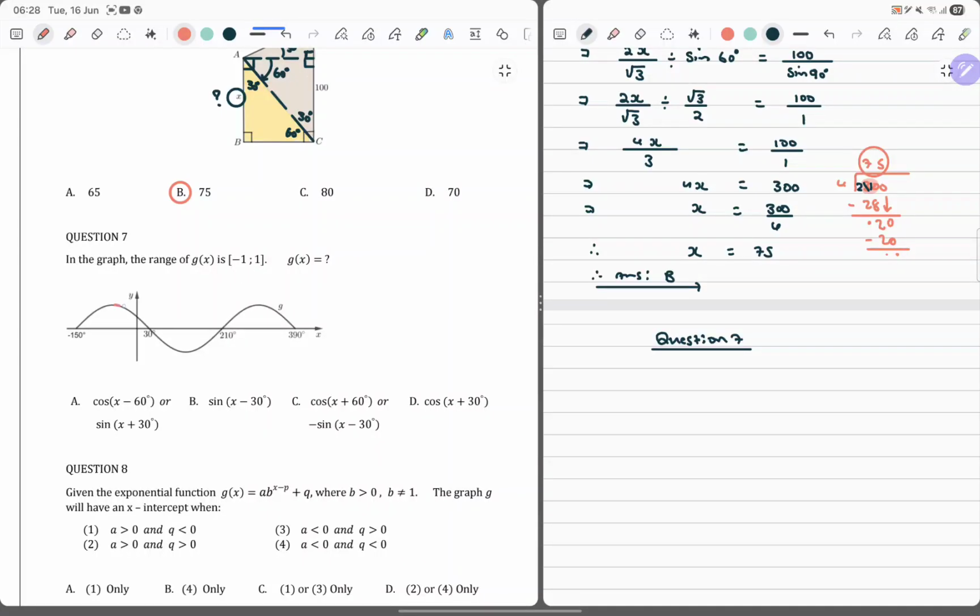So this suggests that the maximum value is at 1 and the minimum value is at -1. Now the question is, what is g of x? So we want the equation of g. We've got all these options, nice and easy.